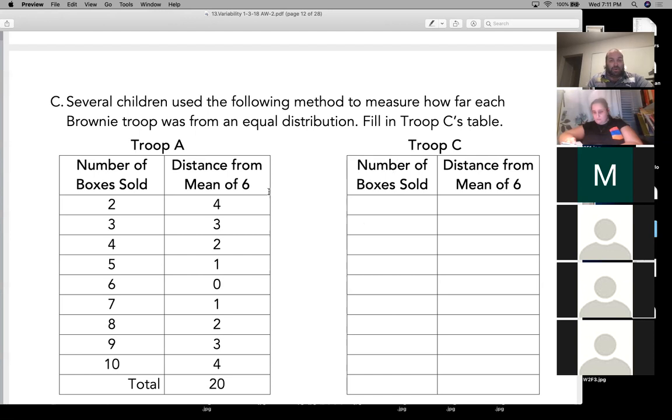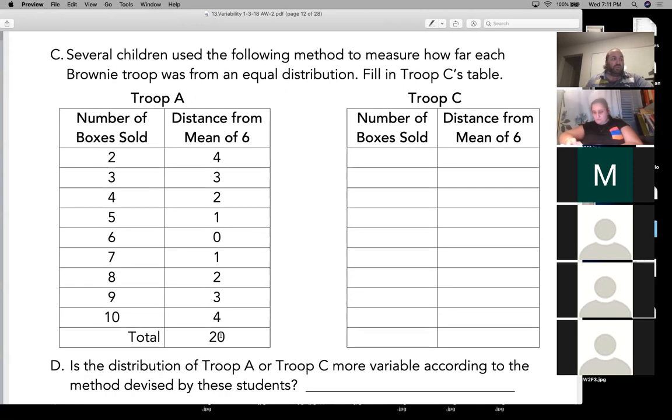When you add up all of the distances from the mean, 4 from the mean, 3, 2, 1, 0, 1, 2, 3, 4, you get a total distance of 20. Do we agree? 4, 7, 9, 10, 11, 13, 16, 20. The total distance from the mean is 20.